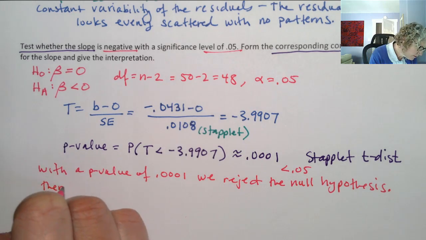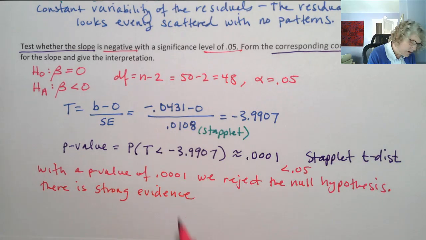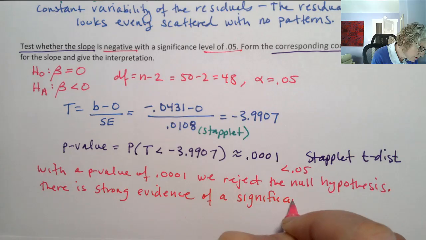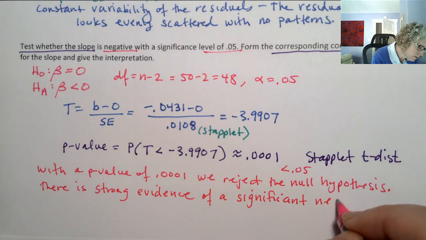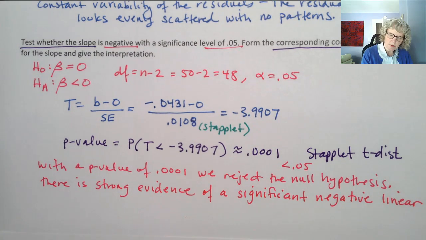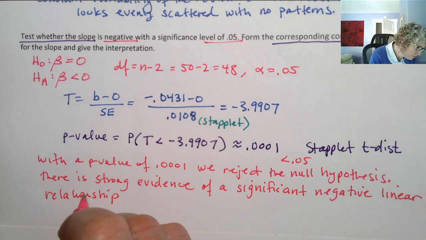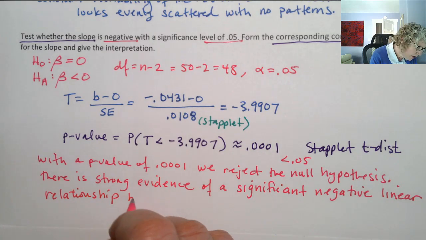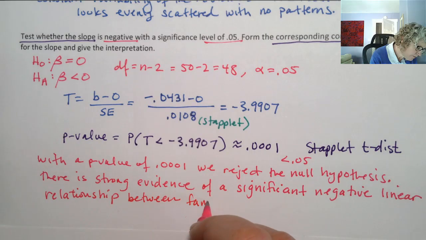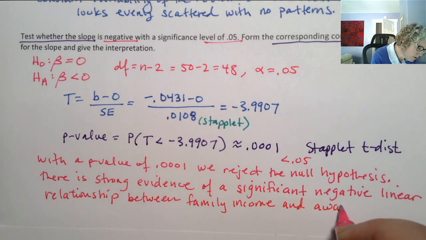There is strong evidence of a significant negative, and I'll write linear because this only works for linear right now, negative linear relationship between, notice I said relationship, between family income and award amount.